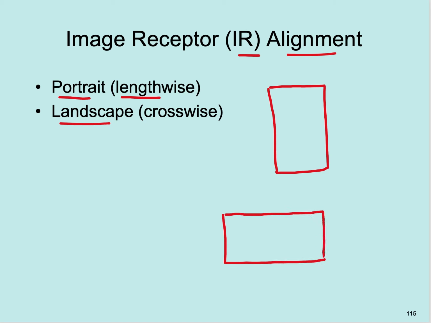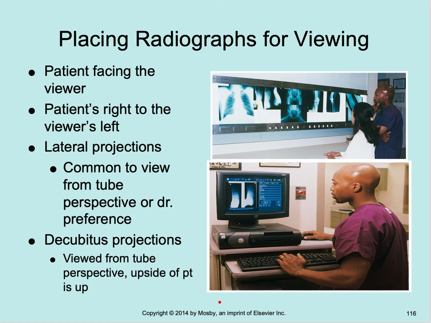And we discuss the lengthwise and crosswise according to the anatomy that we are imaging, okay? How is it best going to fit on that image receptor? So do we need it in a lengthwise position or do we need it in a crosswise position? So LW lengthwise, CW crosswise, as far as placement of that image receptor.